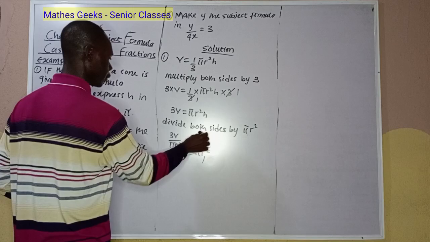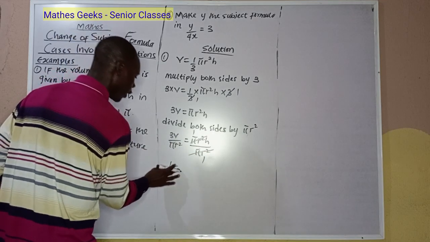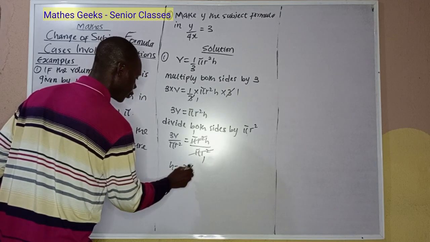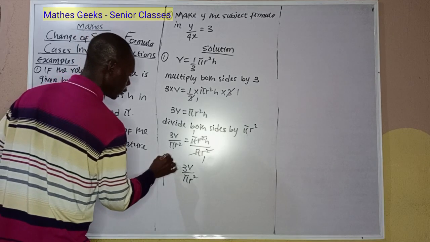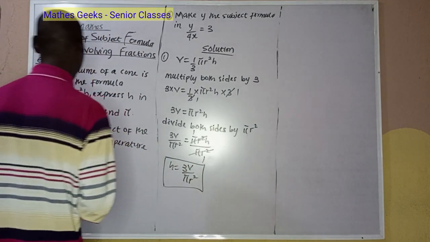So this will eliminate this, and we will be left with h being equal to 3v over pi r squared. So with this, we've made h the subject of the formula.